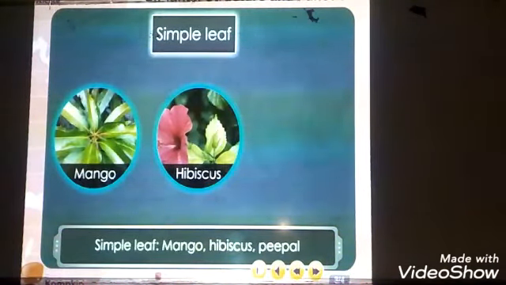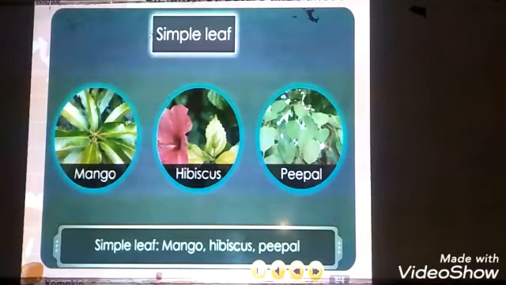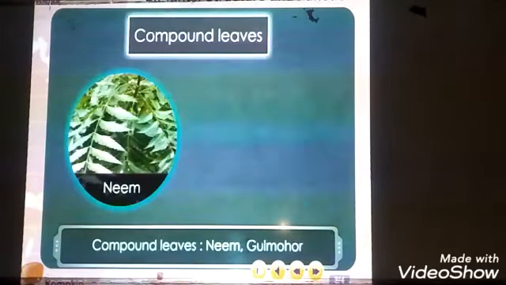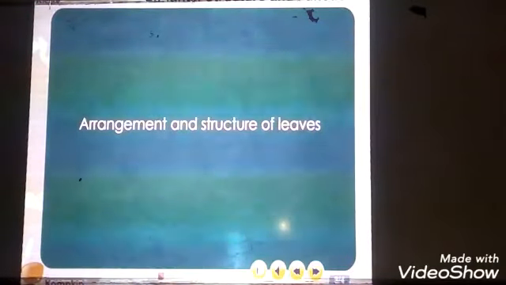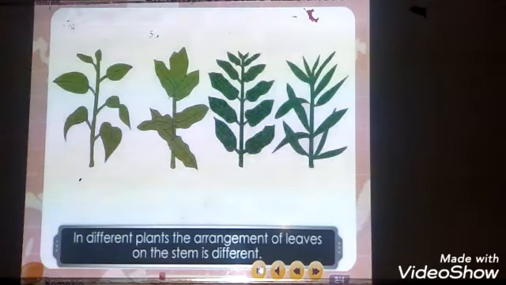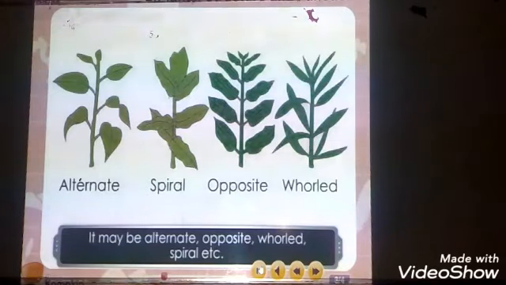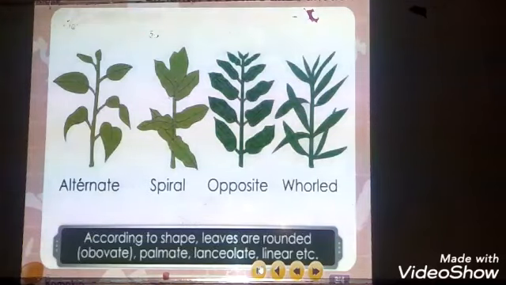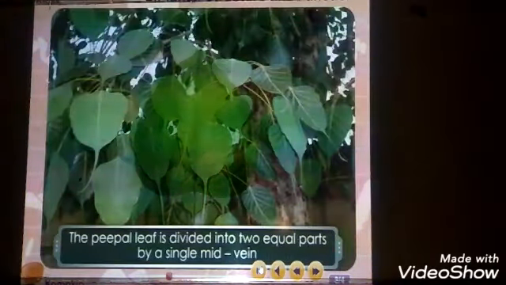For example, simple leaves: mango, hibiscus, peepal. Compound leaves: neem, gulmohar. Arrangement and structure of the leaves. In different plants, the arrangement of leaves on the stem is different. It may be alternate, opposite, whorled, spiral, etc. According to shape, leaves are rounded, ovate, palmate, lanceolate.